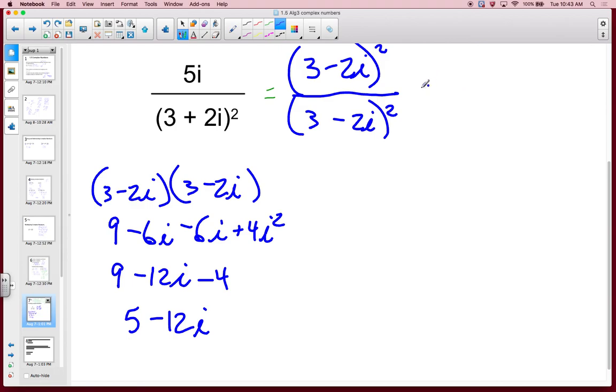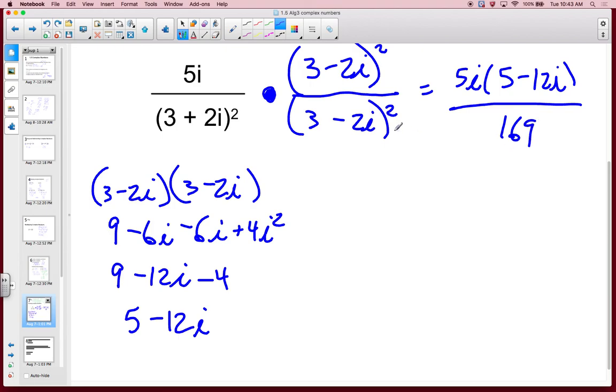So this is really, sorry about that, this is really 5i times 5 minus 12i all over our 169 that we found from before.